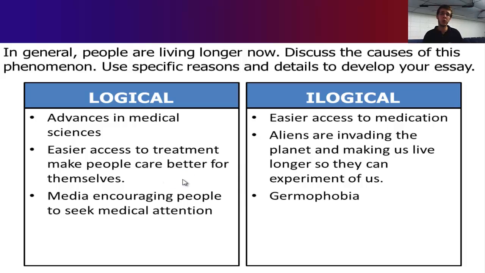And another illogical one would be the germophobia argument. People are germophobic, so they don't touch, they don't get germs, and they don't die. Scientific reasons have proved that this is not true. Again, you could try to convince the TOEFL graders that this is real, but don't waste your time. Don't be crazy.